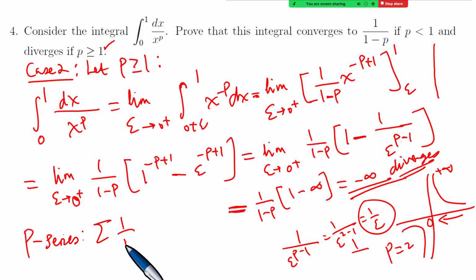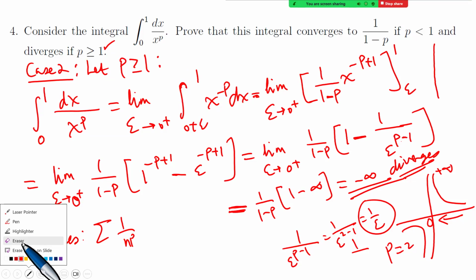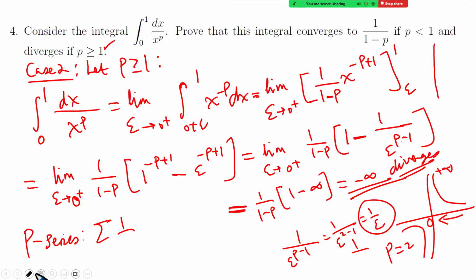The p series will be 1 over n to the power p, and it's a summation from 1 to infinity.